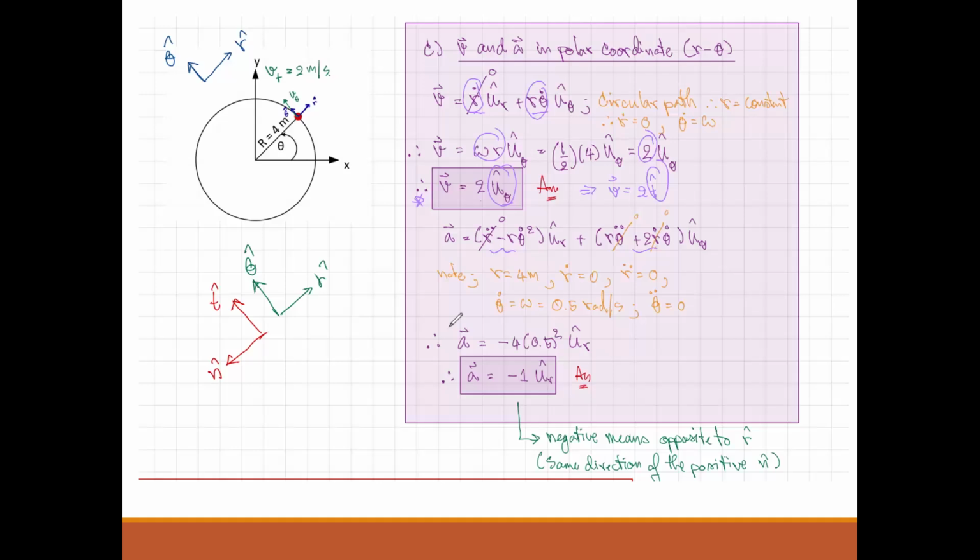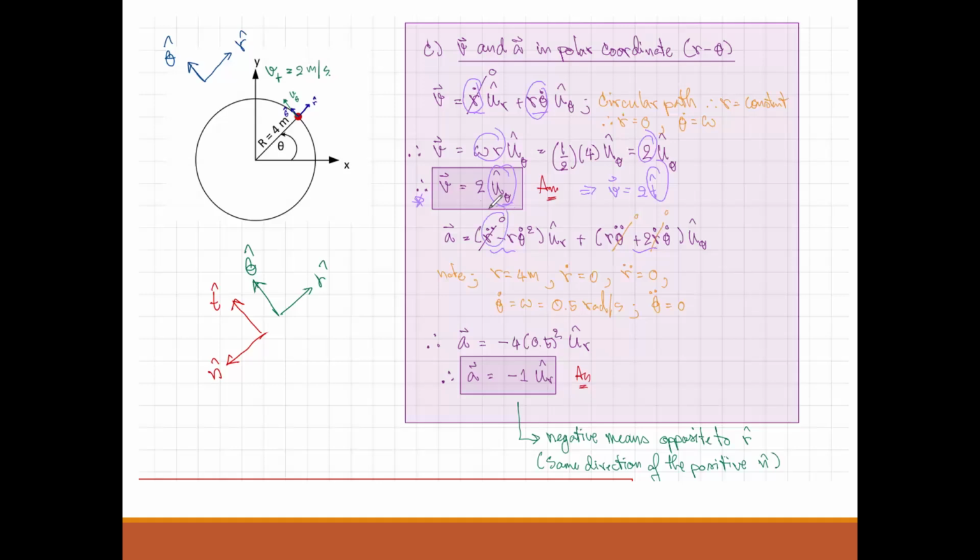We have just one component, the same as in the previous normal and tangential coordinates, because the particle is moving with constant velocity, right? So r double dot becomes 0.